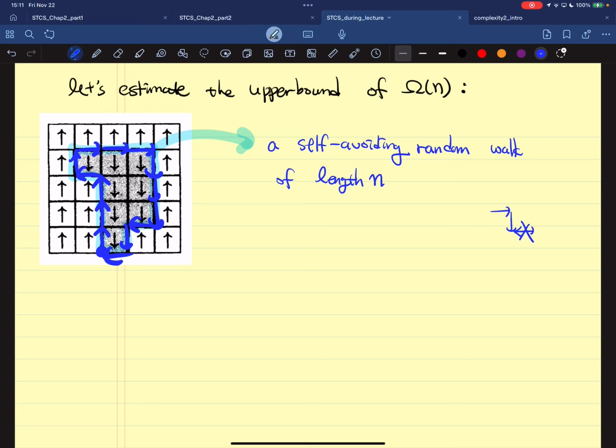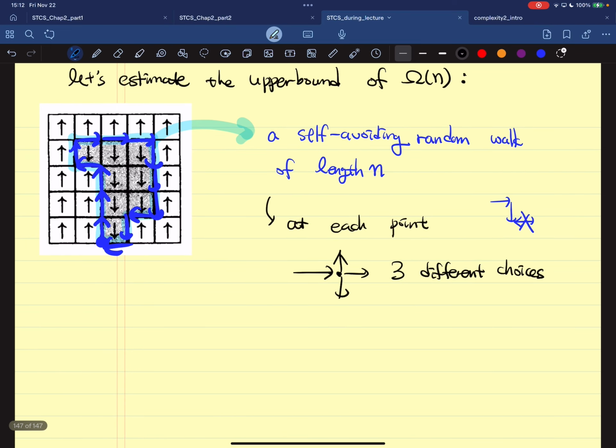So this means that at each point there are 3 different choices for each step. But as I already mentioned, this is a necessary condition, not a sufficient condition. Because even if you do that, it's completely possible that you have a walk which is certainly more than 2 domains.